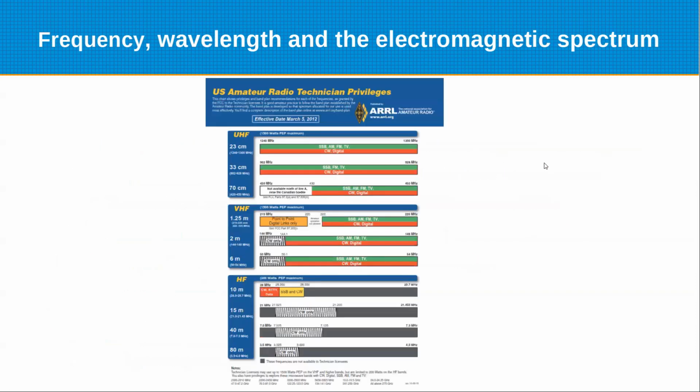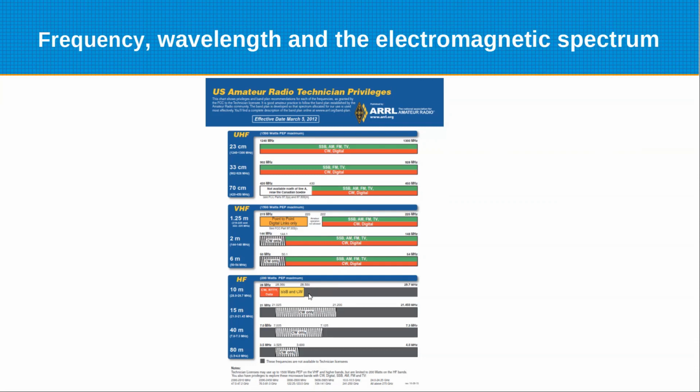Okay. This you probably can't see too well, but it's a reduced form of these other band charts, just showing the technician privileges. At HF, you have phone and data and SSB, CW, all those on the low end of the 10-meter band.